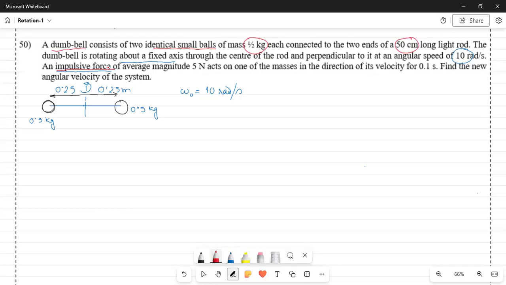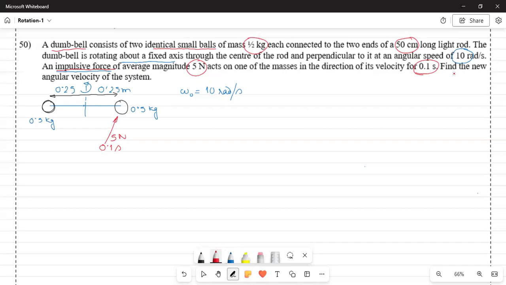Now, what is impulsive force? Please go to your textbook once again. The force acts during such a small duration that applying formulas like force equal to mass into acceleration doesn't always hold good. There's a different method of handling that force. An impulsive force of average magnitude 5 Newton acts on one of the masses for a time of 0.1 second. Whenever there is an impulsive force, its magnitude and time will be given, and the time will always be very short.